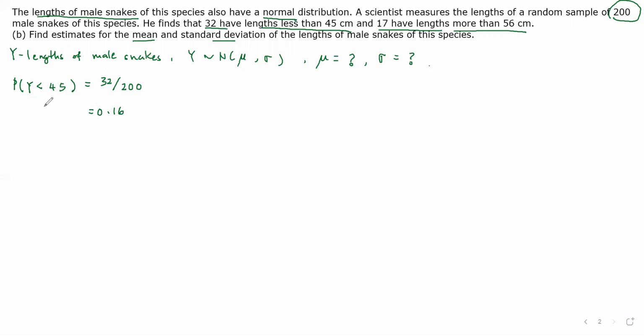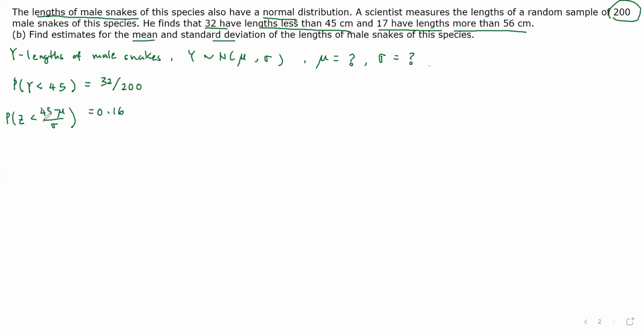In order to find anything, you have to standardize. You see normal, you standardize. Standardizing Y gives us Z, and then we have 45 minus the mean divided by the standard deviation. That is 0.16.